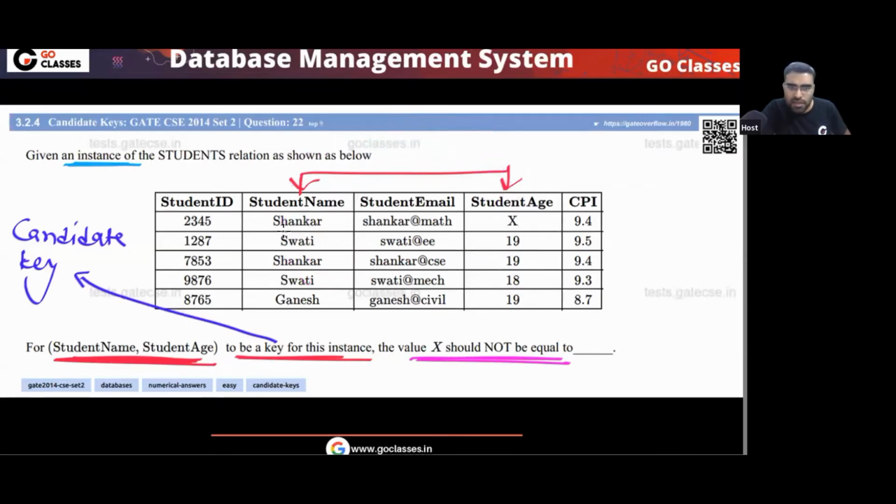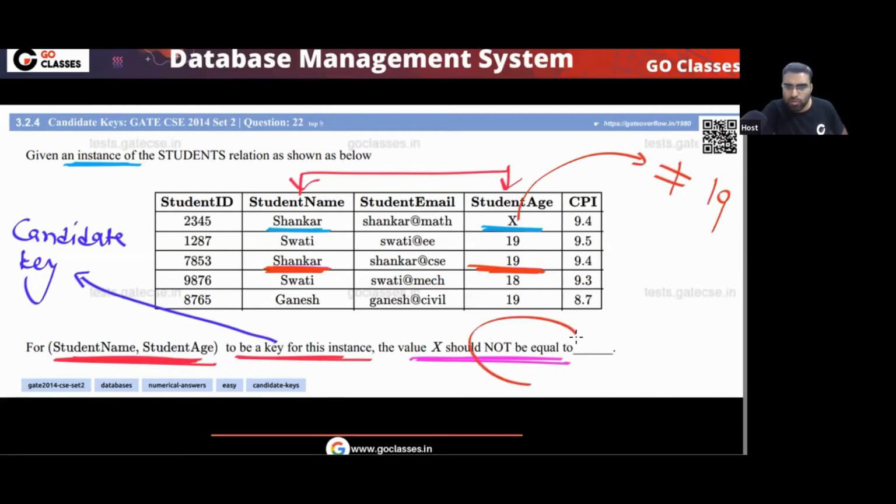So finally your answer will be what? You can note that Sankar comma 19 is already there for this combination. So this Sankar comma 19 cannot appear again. So X cannot be 19.